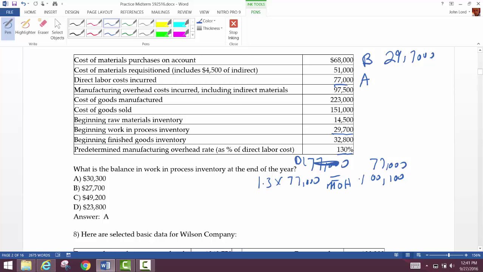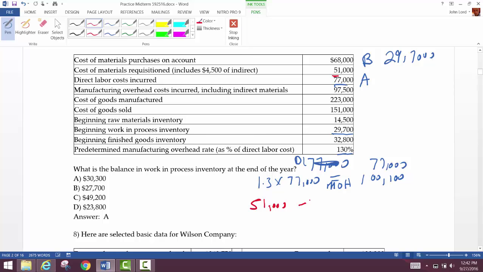Direct material. Okay. So my direct materials, and they tell me that it's 77,000 is the direct materials. Oops, did I pick up the right number? I mean, direct materials, they tell me is what? 51,000? 51,000 for my direct materials. But they tell me that some of that was what?